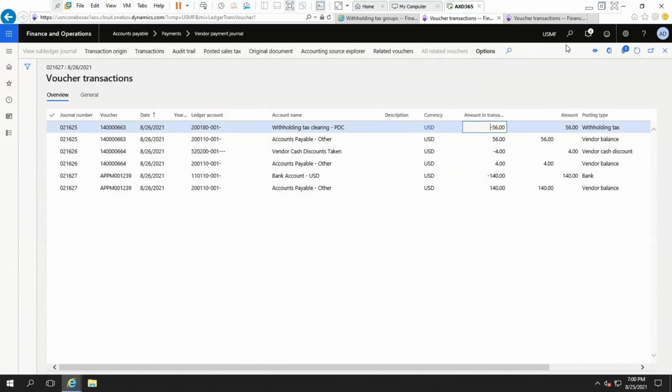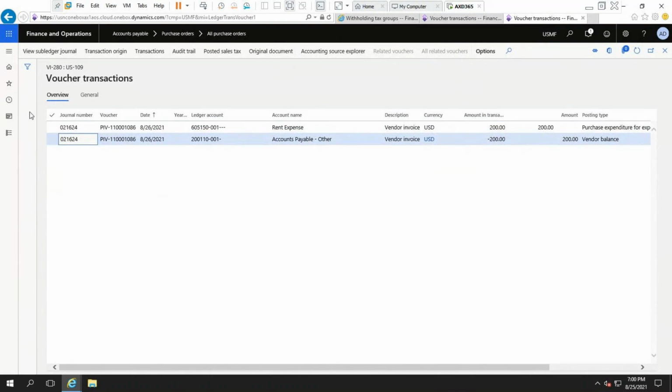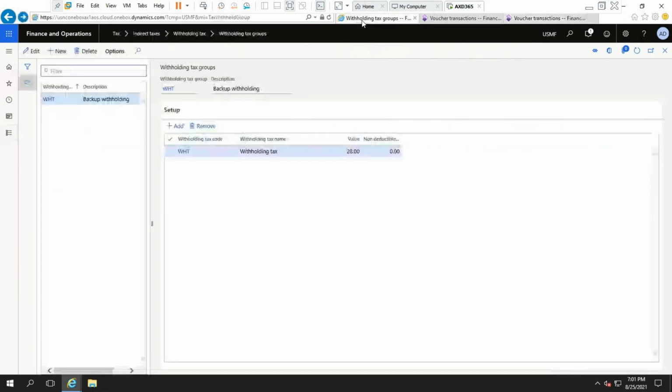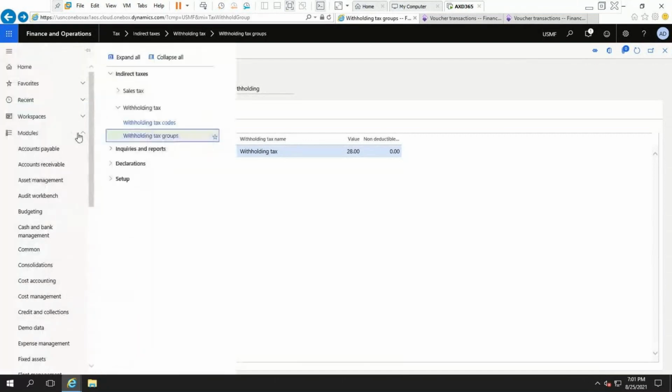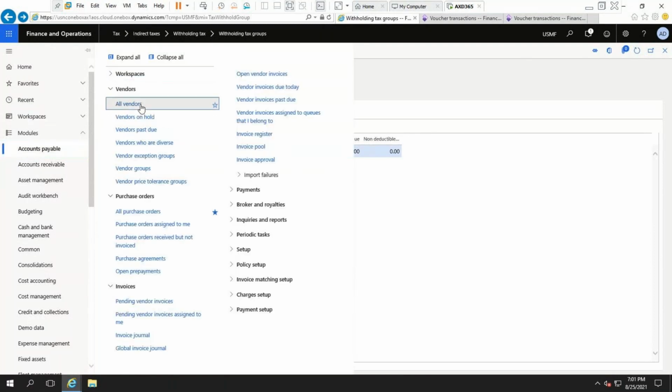Understood? Any doubt in this? So even if you go to the vendor account and verify the transactions, you can see that. Let me show you the vendor account. Accounts payable, Vendors, All vendors.